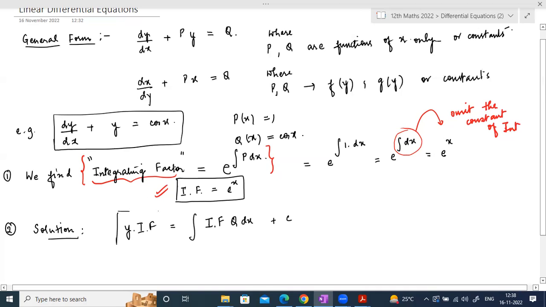Just learn this formula. The solution of the equation will be y into integrating factor is equal to integral of integrating factor times Q plus c.